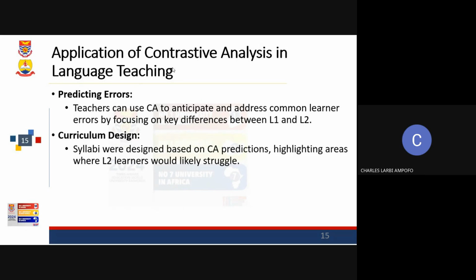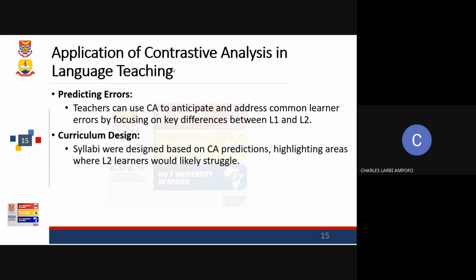Okay, so it helps us predict errors. Before we go to the classroom to teach a certain language, sometimes we use this but not consciously. But from now forward, when you go to the classroom to teach English, you should have in mind that this is an approach that you can use.